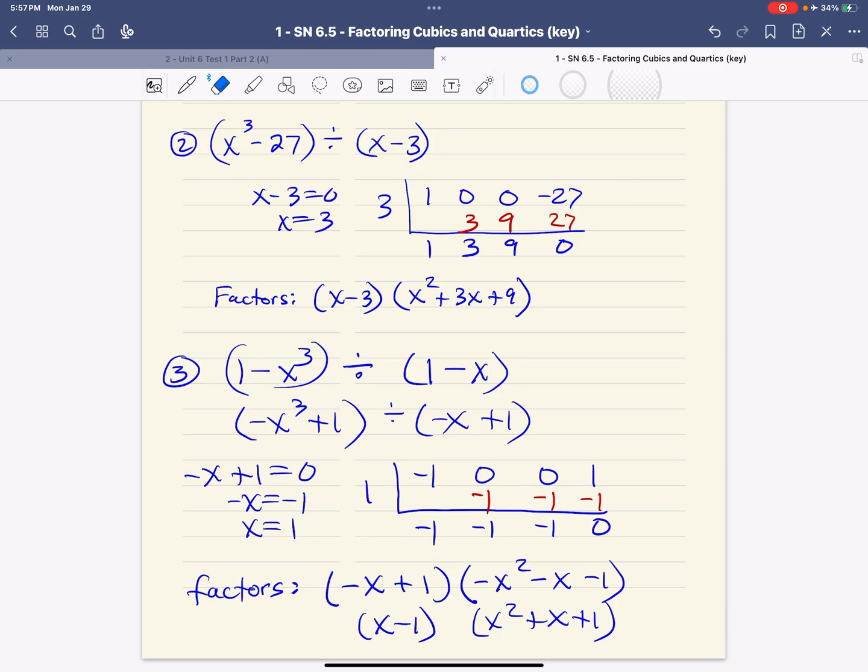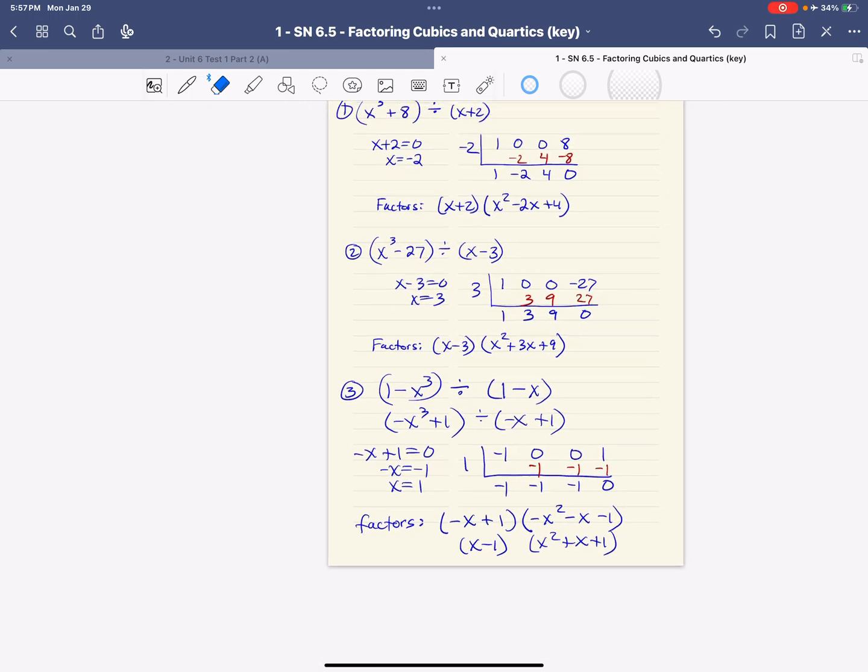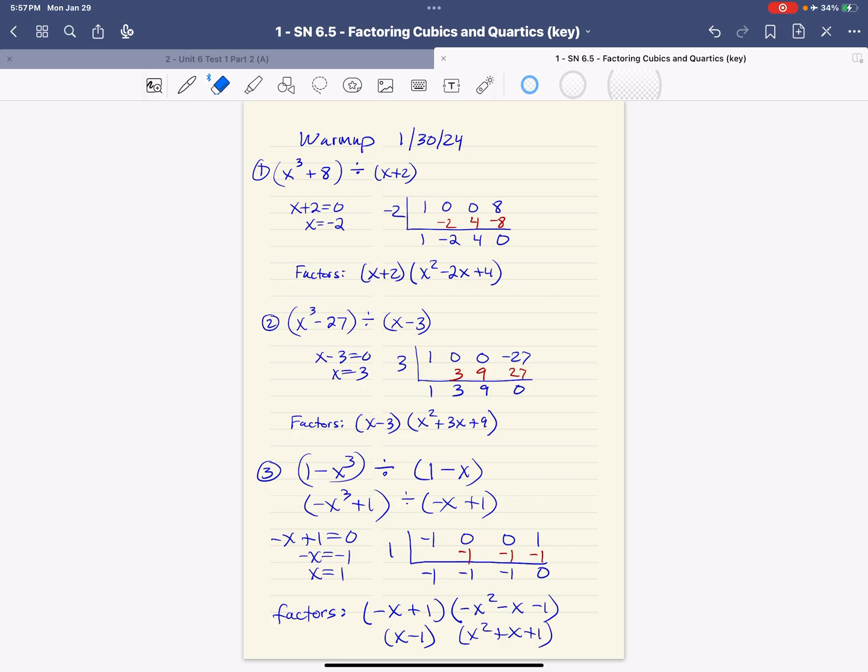So now what I want you to do is pause the video. I'm going to zoom out a little bit. Your goal is to find a pattern between these two terms of this factor and these three terms of this factor. Again, what is the relationship between those two terms and these three terms?